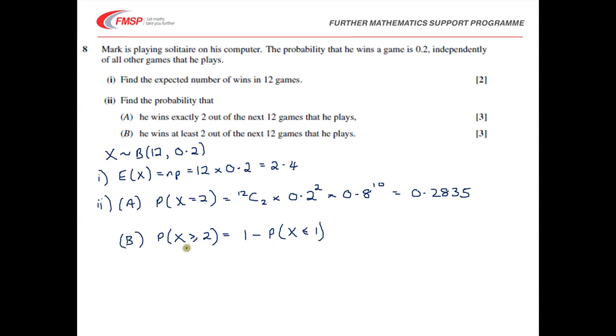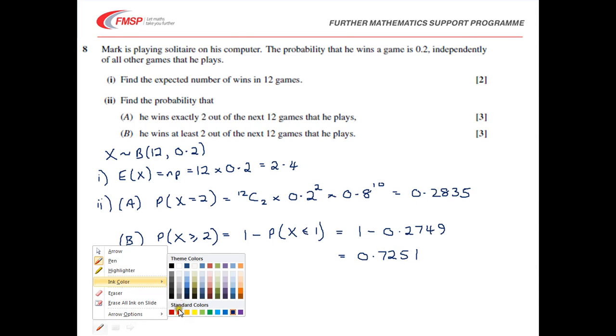I want greater than or equal to 2, so I want 2 in my answer, I don't want 1, so I'm going up to 1 and not including 2 in what I'm taking off. So that's 1 minus, and then I read off the tables. n is 12, p is 0.2, probability that X is less than or equal to 1, 0.2749, and that comes out to be 0.7251.